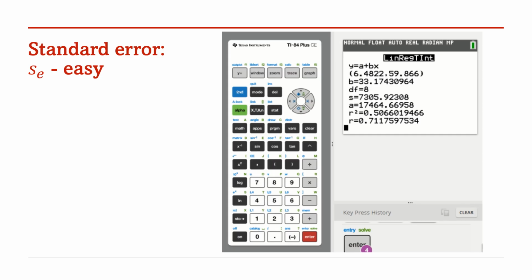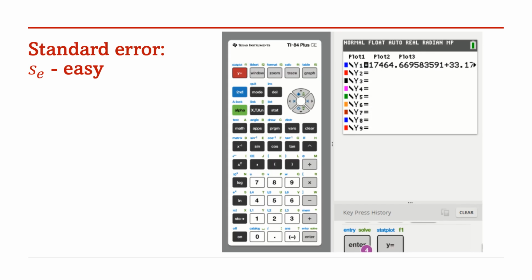I get all that same stuff. Yay, I found an S. But also right here in my y equals, it stores my regression equation. The original problem gave us a regression equation, which kind of renders this unnecessary, but that is one of the useful things of that interval. But remember that the interval it gives you is not the interval of y, and it's just something useful for your slope.